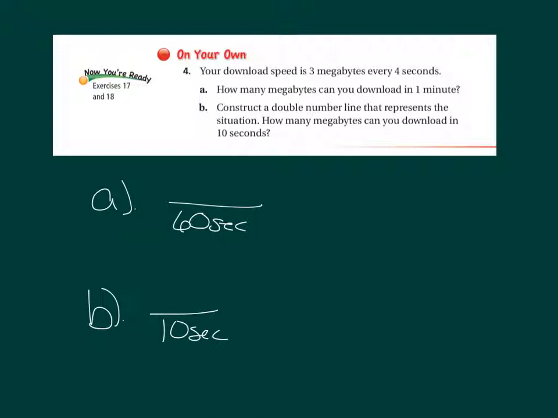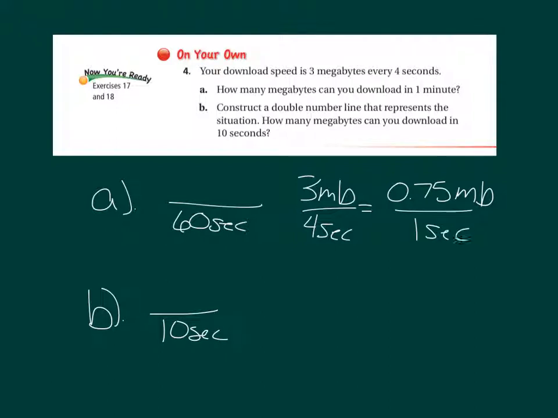Okay, so if you can download 3 megabytes in every 4 seconds, we're going to put 3 MB on top over 4 seconds. Again, we want to find the unit rate first, so we're going to take 3 divided by 4, and we're going to get 0.75 megabytes per second.